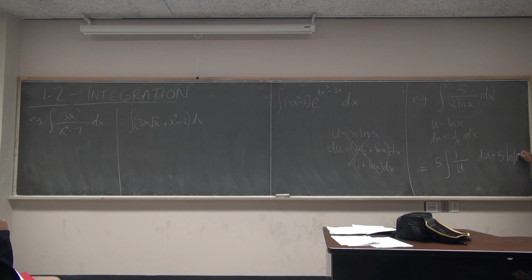It's ln of the absolute value of u, plus c. So then it's 5 ln the absolute value of ln x, plus c. Would we have put absolute value inside the absolute value? No, u wasn't, there was no absolute value. Yeah, you can plug an ln into an ln, that's not illegal. So that would be the final answer.